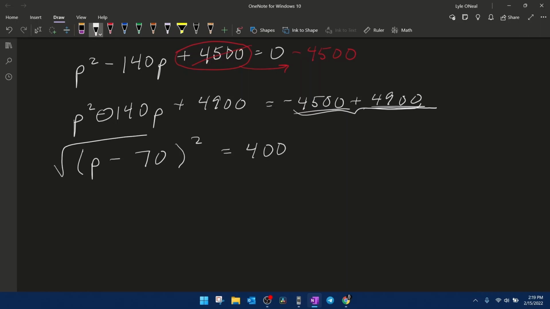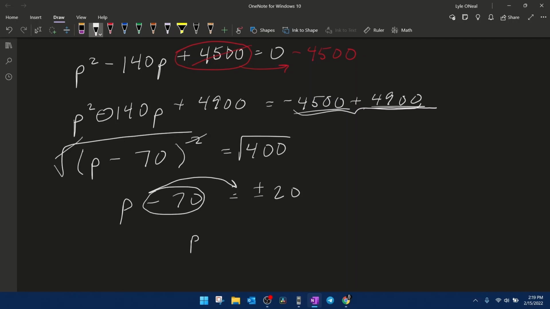And then I can take the square root of both sides. The square root of 400 is 20. Don't forget you need a plus or minus 20. Square and a square root cancel, giving me p minus 70. And then dropping the 70 on the other side will give us 70 plus or minus 20. 70 plus 20 is 90. 70 minus 20 is 50.